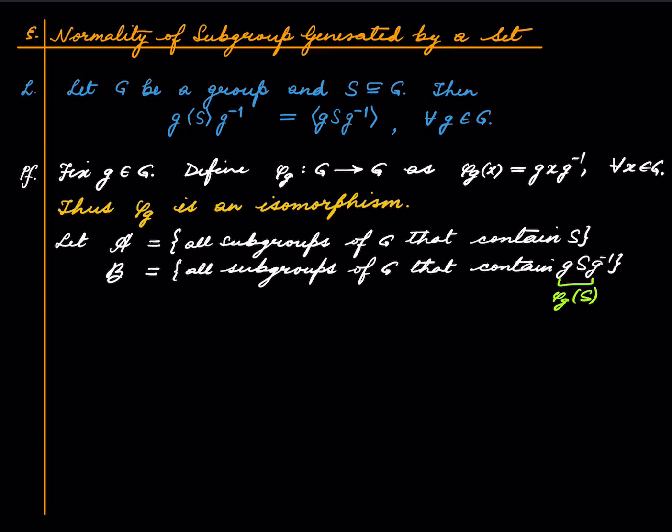Right. Okay. So these are our script fancy A and fancy B. And here is the thing, that if you consider this map, which takes H to the conjugate, this is a bijection. Call this map whatever you want, let's say capital phi. Then this is a bijection.